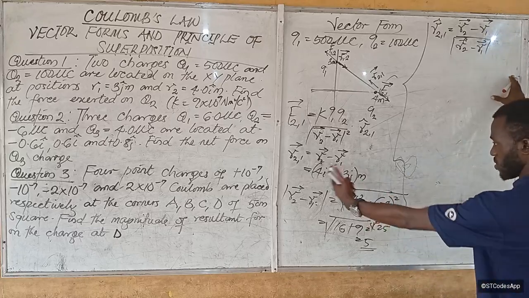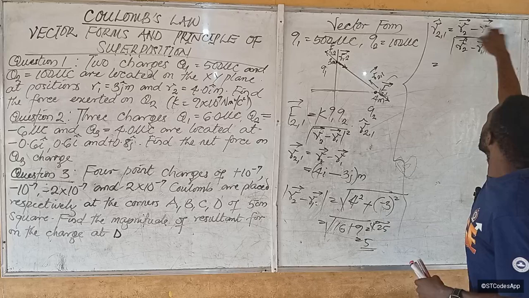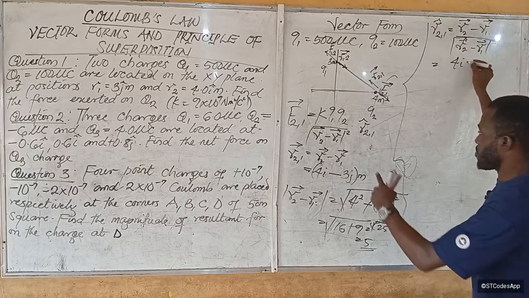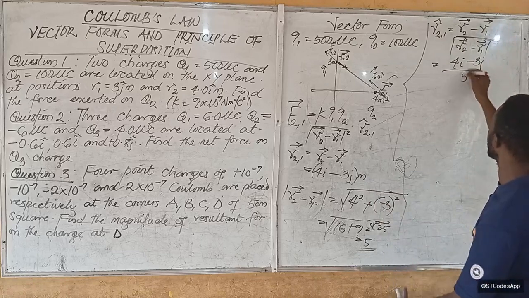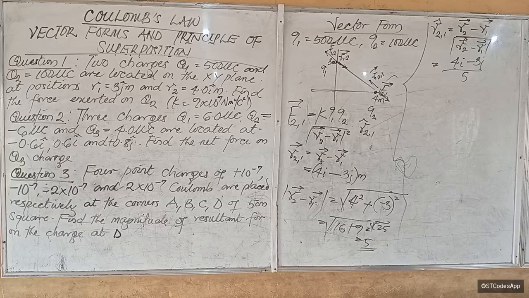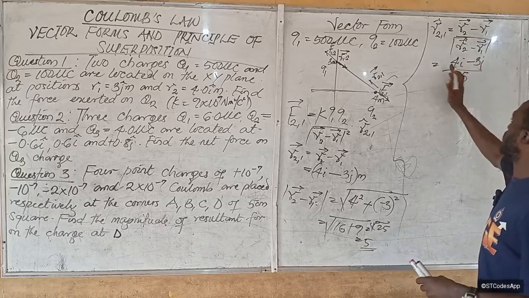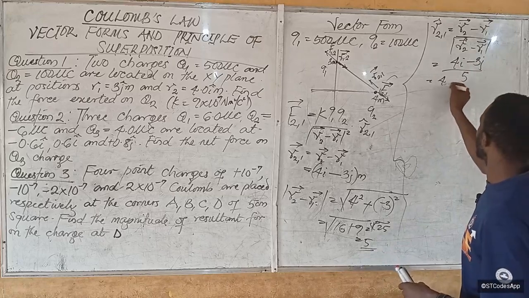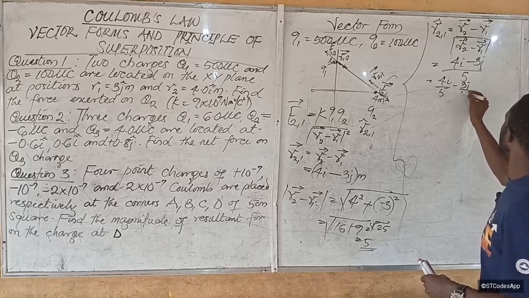So this is going to be 4i minus 3j from what we have there, all over the magnitude we got, which was 5. Okay, so you can solve this by separating the fractions. So we have 4i over 5 minus 3j over 5.